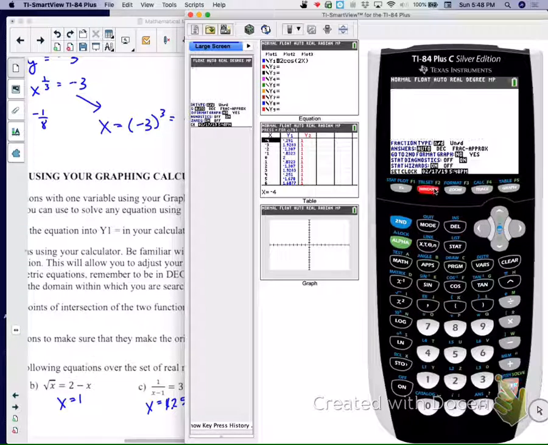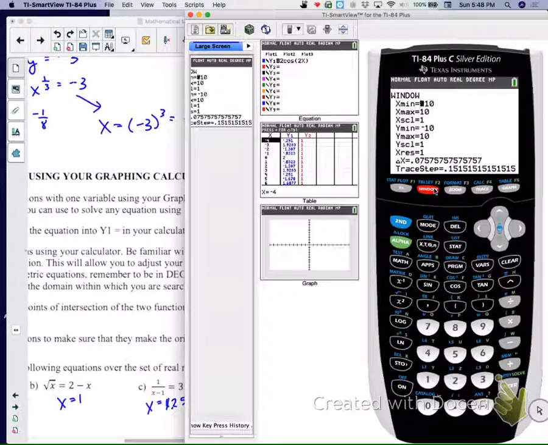And then it says here that my window needs, or my domain is 0 to 360. So 0, 360. And let's go by, let's go by 45 degrees. I know that's going to kind of seem weird, but that's a pretty good interval to use when you're dealing with degrees.